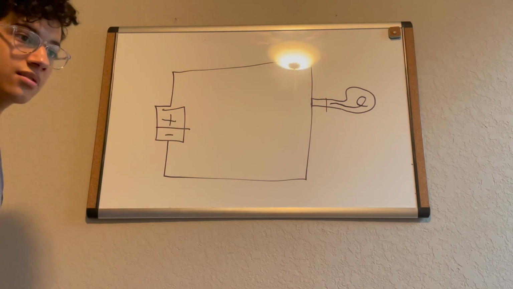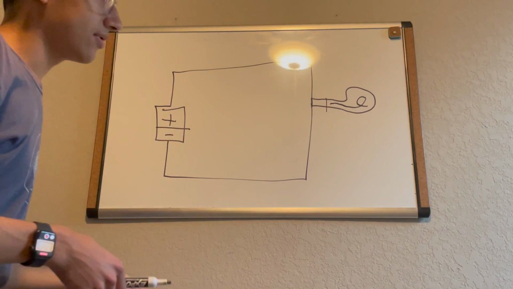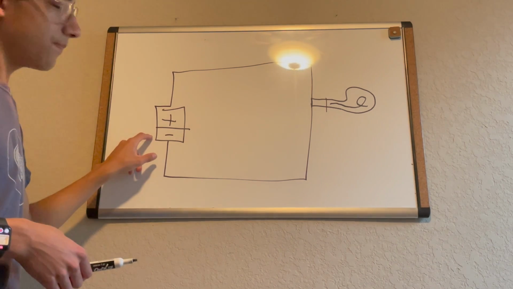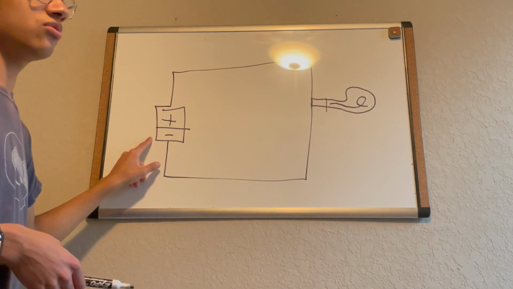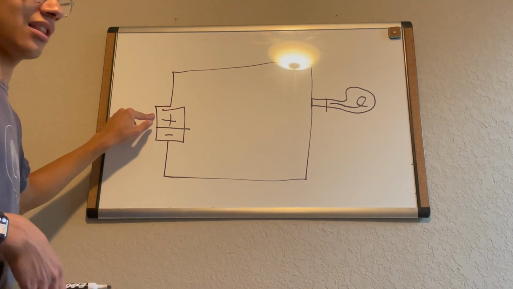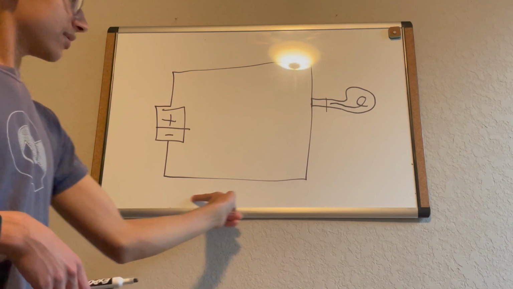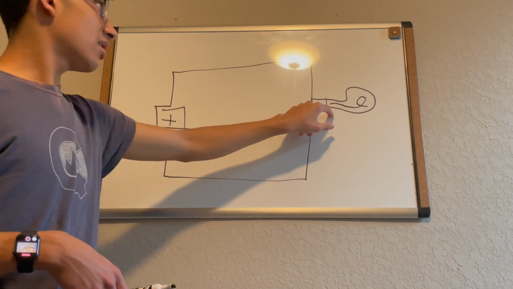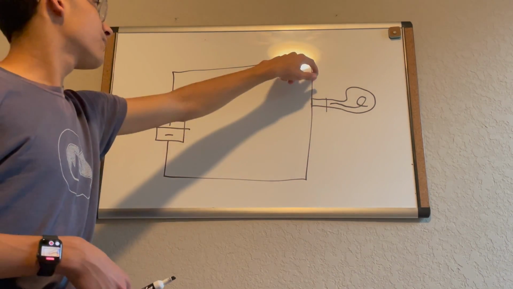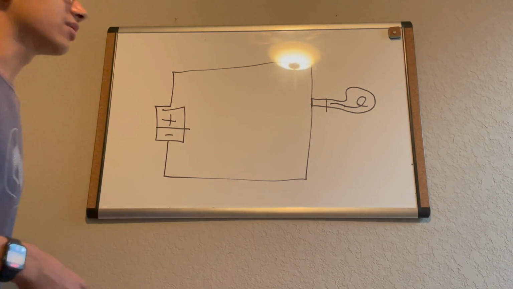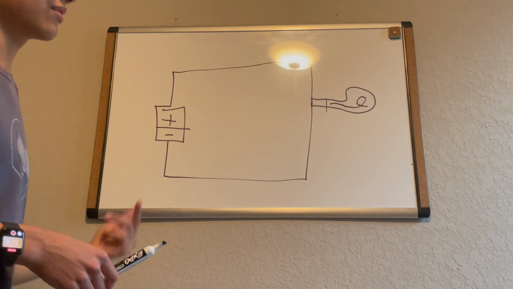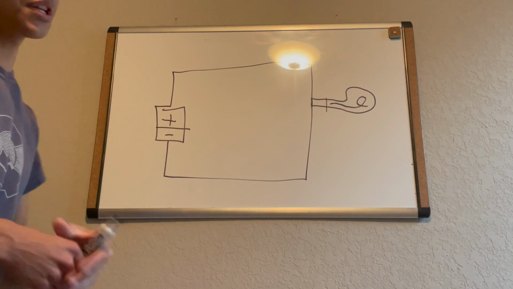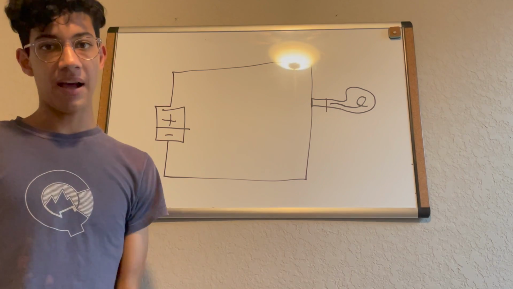As everyone commonly knows, this side of the battery has a large amount of electrons. Too much. While this side is lacking electrons. So there's a flow of electrons through the light bulb all the way to the positive side. And when the process is complete, you have a dead battery.